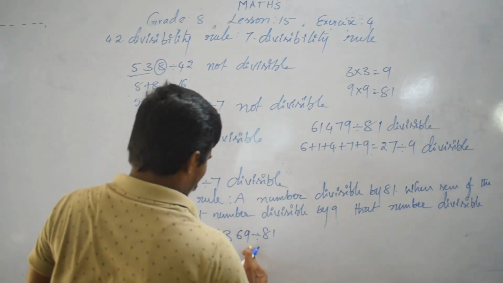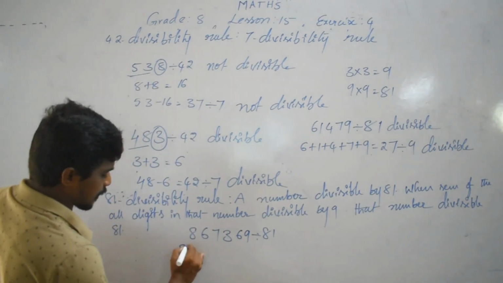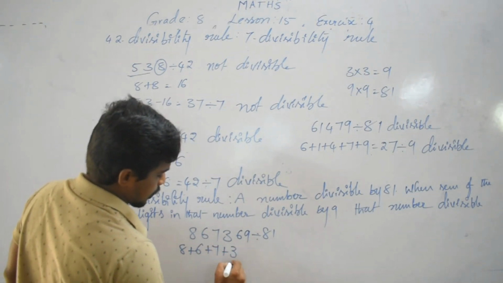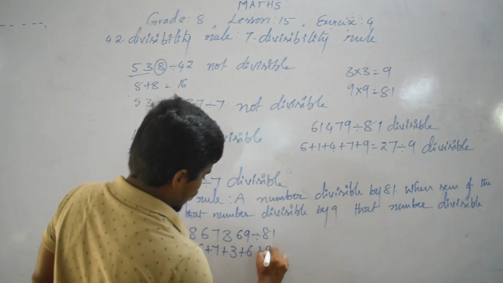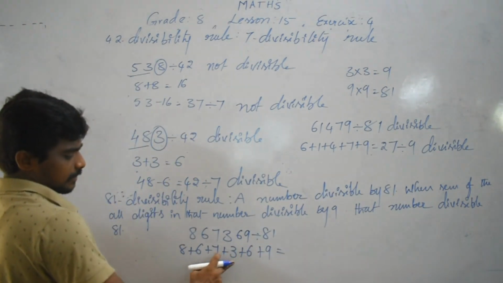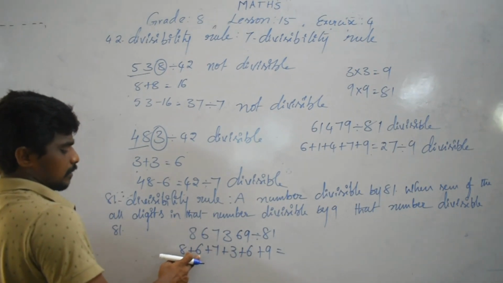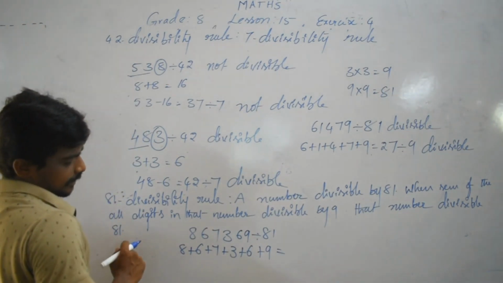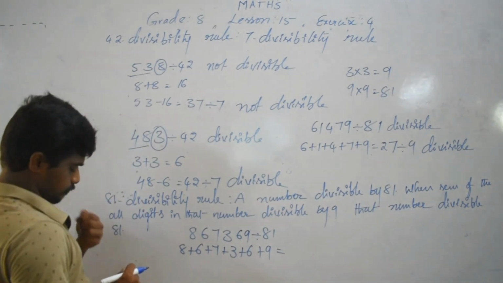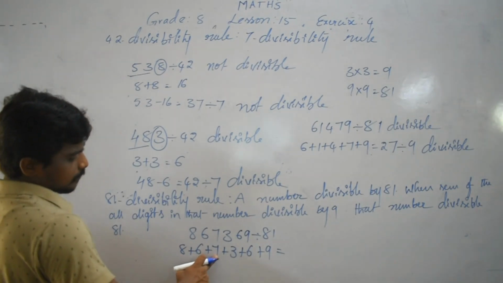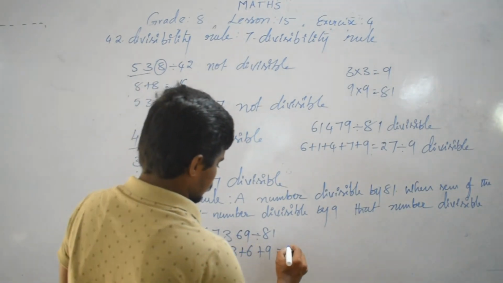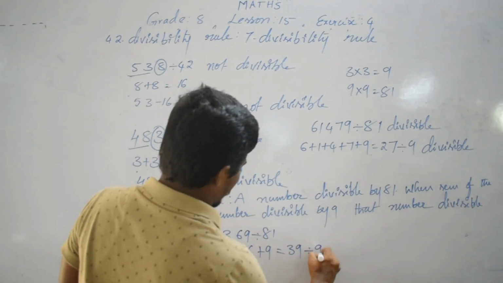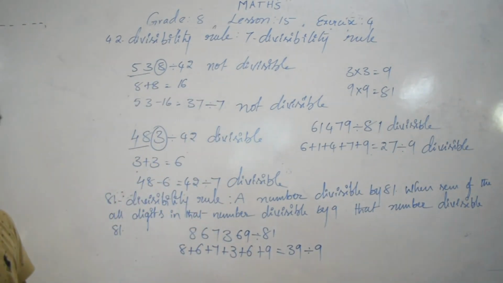So add all the numbers: 8 plus 6 plus 7 plus 3 plus 6 plus 9. 7 plus 3 is 10, 6 plus 6 is 12, 22, 22 plus 17 is 39. 39 divided by 9, divisible or not divisible?